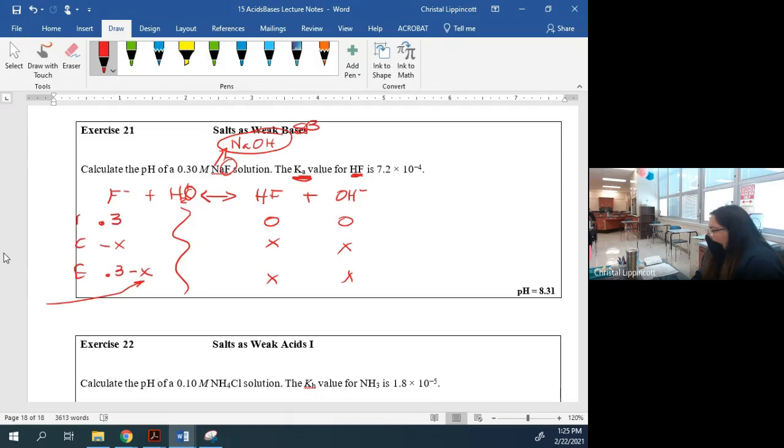Okay, so we've got to change this into Kb. So see if you can get this value into Kb. So what does Kb equal? Kw over Ka, right? So then you've got to remember what Kw equals. I have this written down. I don't.